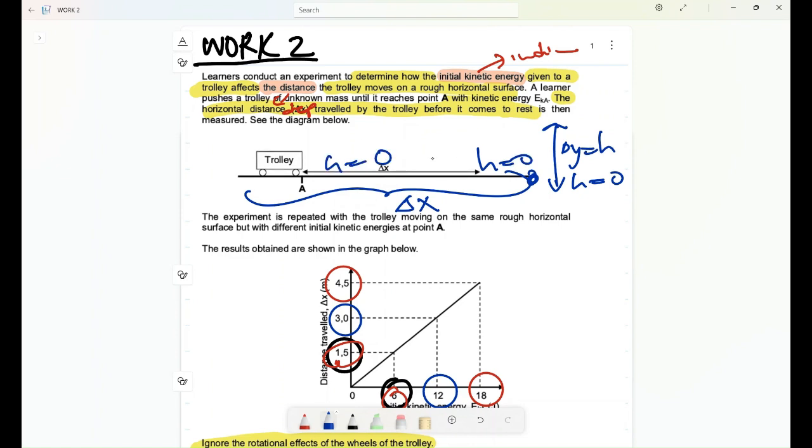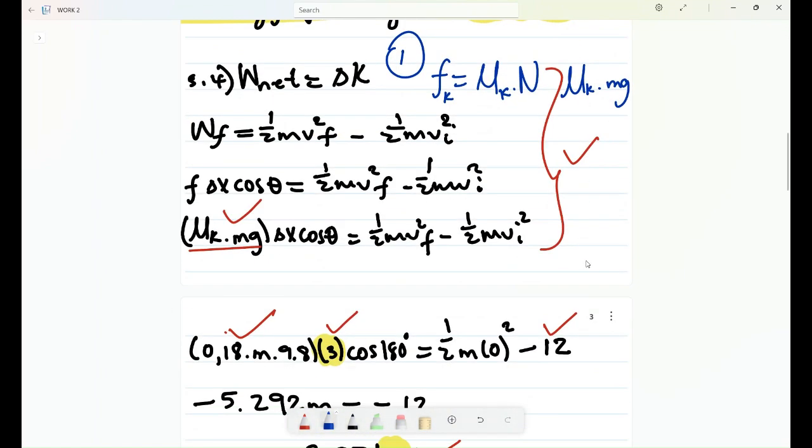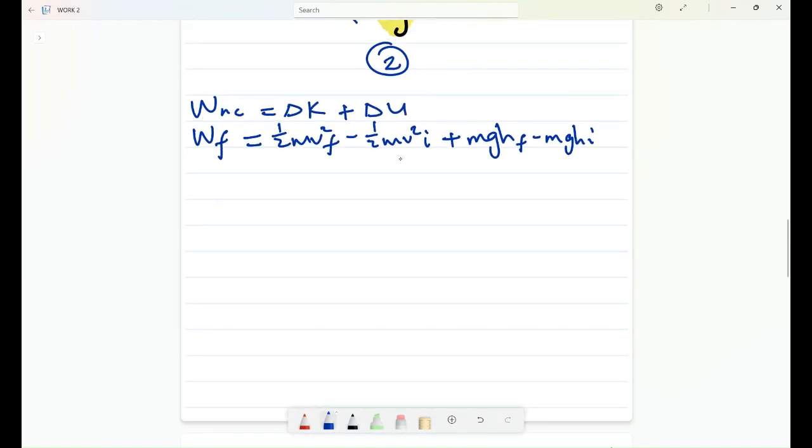So everywhere my trolley travels, my height will be 0. So even if we go back to our formula and substitute here, the height final is 0. We all agree? The height initial is 0. So all these terms become 0.